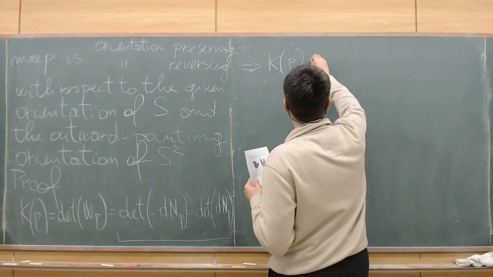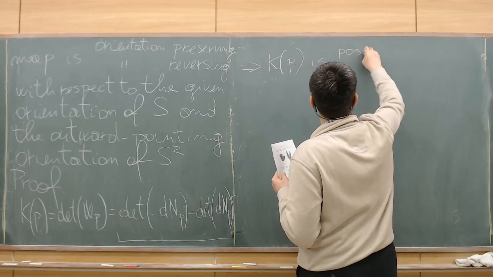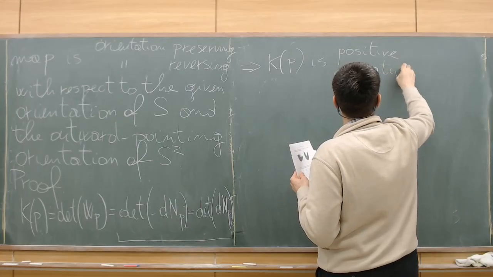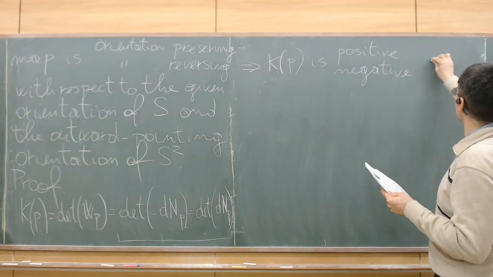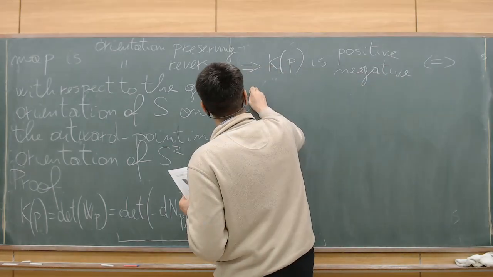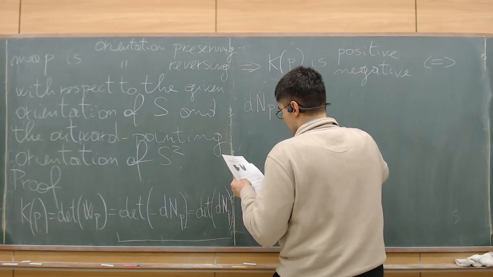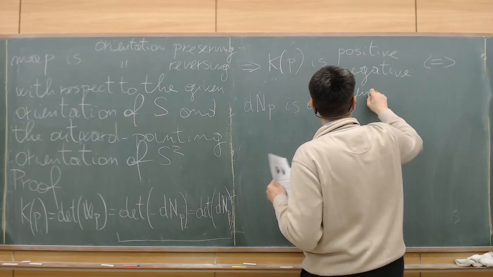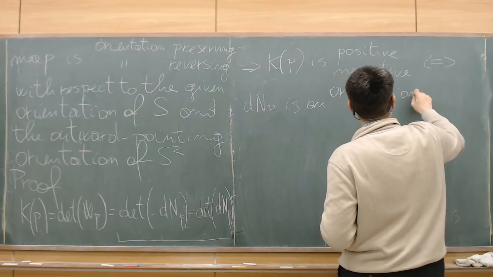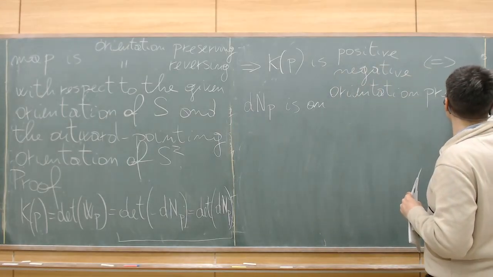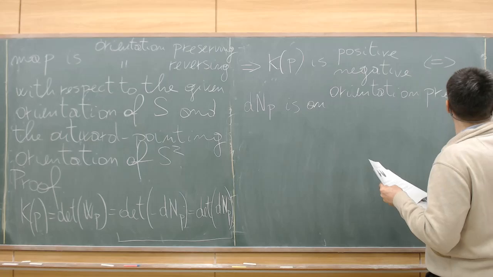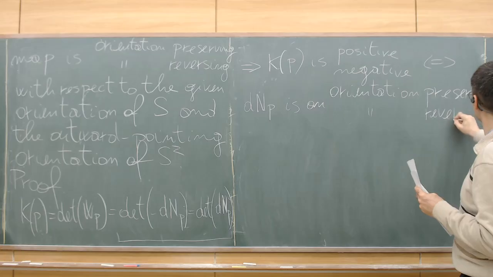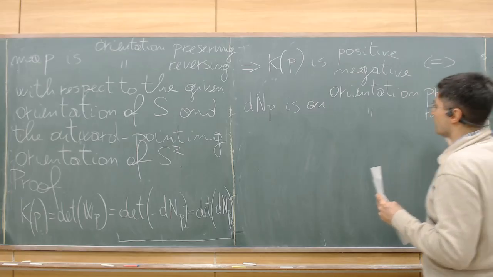So I can write Kp is positive, negative, if and only if DNP is an orientation preserving, orientation reversing isomorphism.